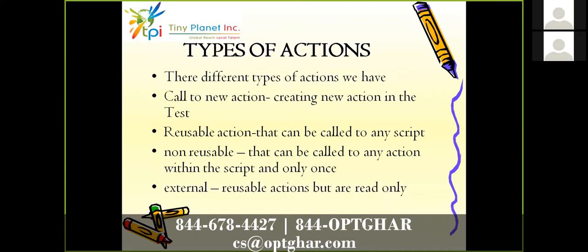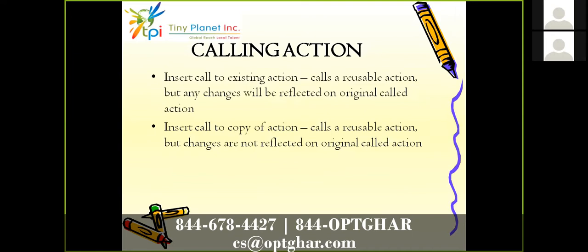If you modify it, it doesn't impact the original action. That is called a copy of an action. But if you call an external action and try to modify it, we can't, because it is in read-only mode.